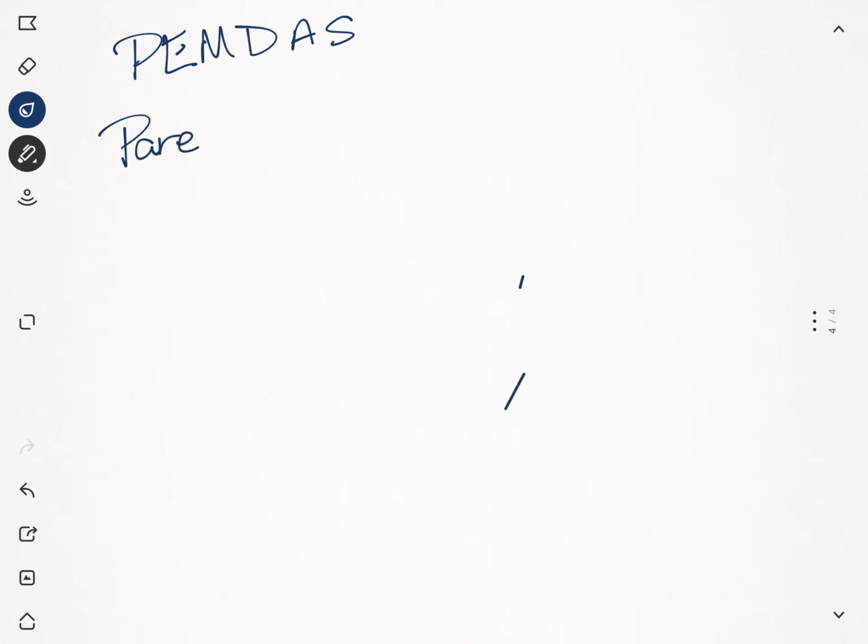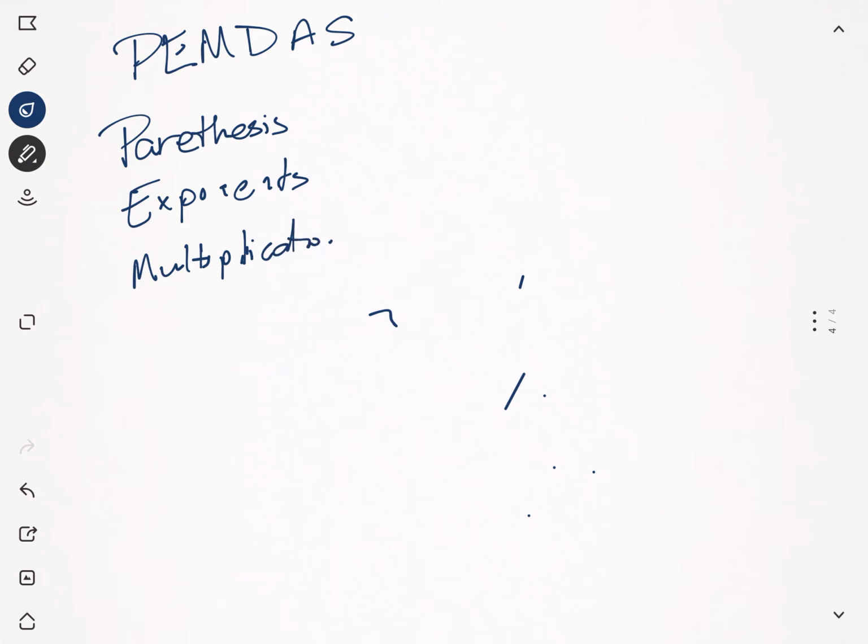Parentheses, exponents, multiplication and division, and then the last thing we do is add and then subtract. And these are on the same level, you noticed.